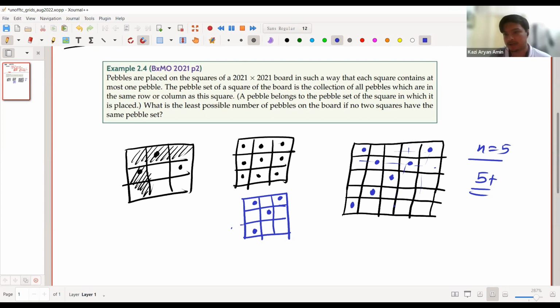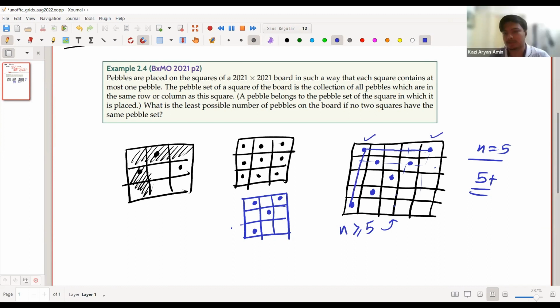For any case, if the number of pebbles is greater than the size of the side, then two pebbles lie on the same row or column. So if they do lie on the same row or column, then some two pebbles share the same pebble set, which is a contradiction.